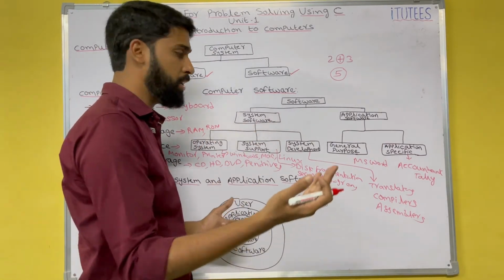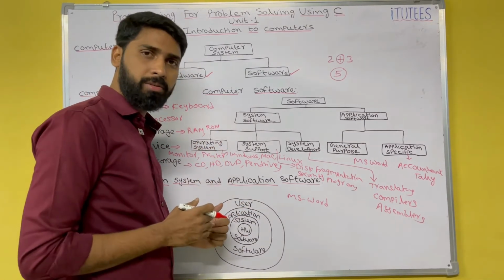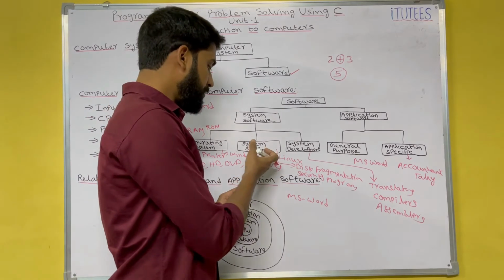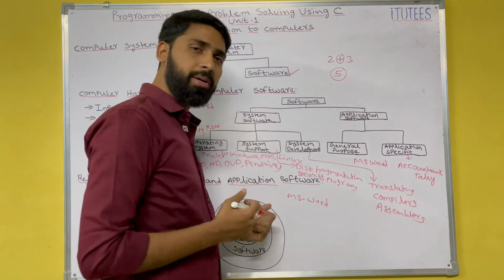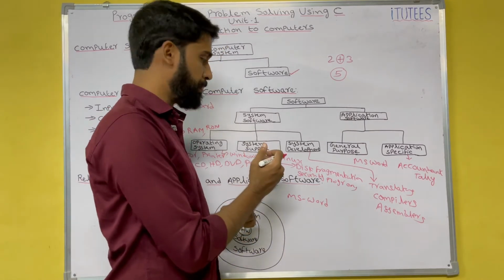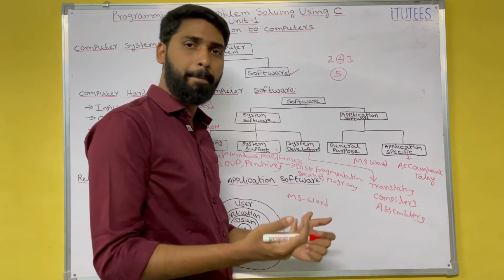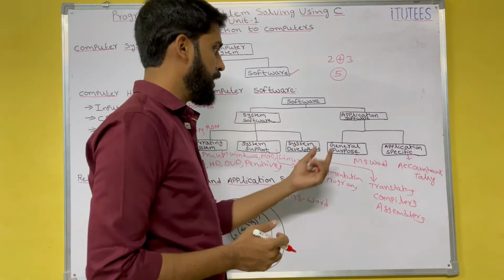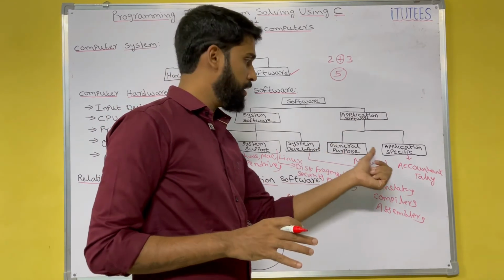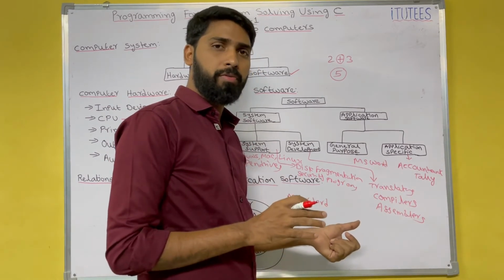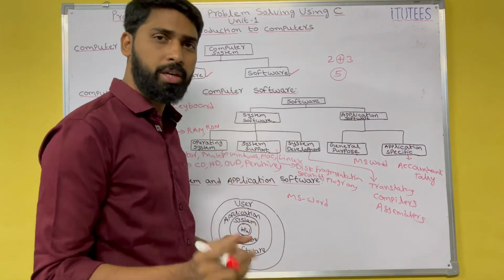If you want to install WhatsApp on your mobile, then we need an operating system, the Android operating system. System support means security software and disk fragmentation software. System development means software related to translators, compilers and assemblers. Application software: general purpose means the software is designed for all. Application specific means these softwares target specific users only, and are designed for them only.